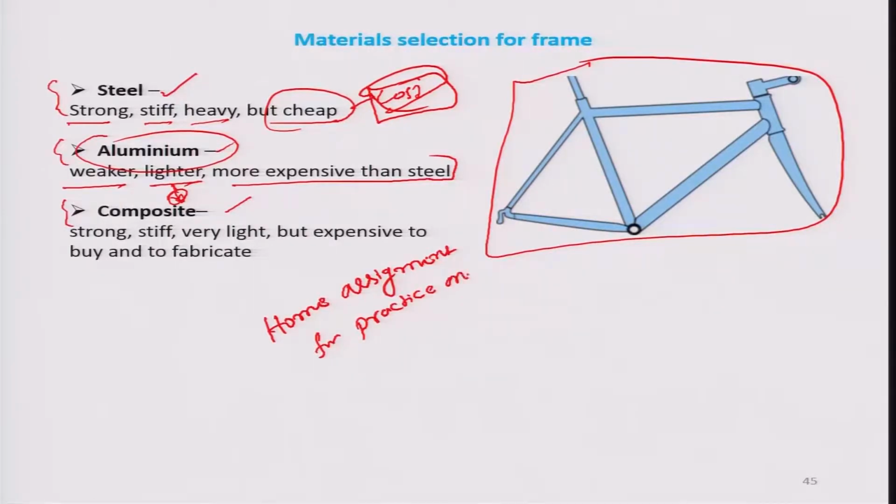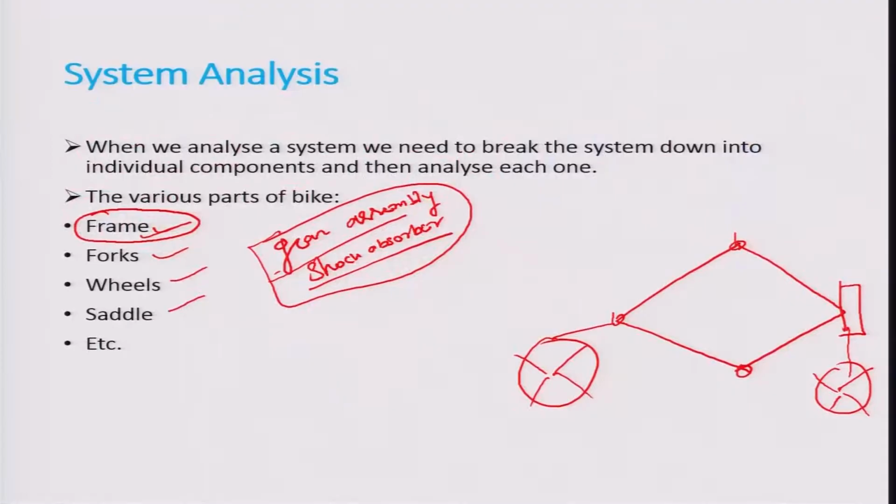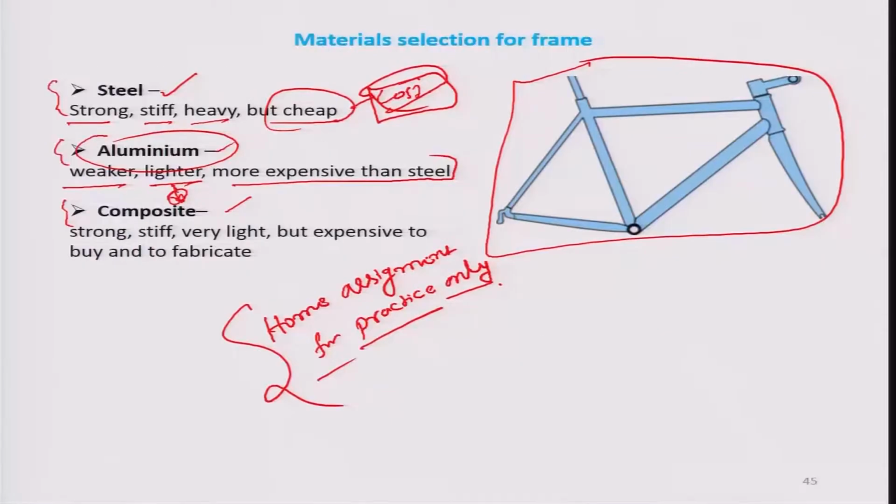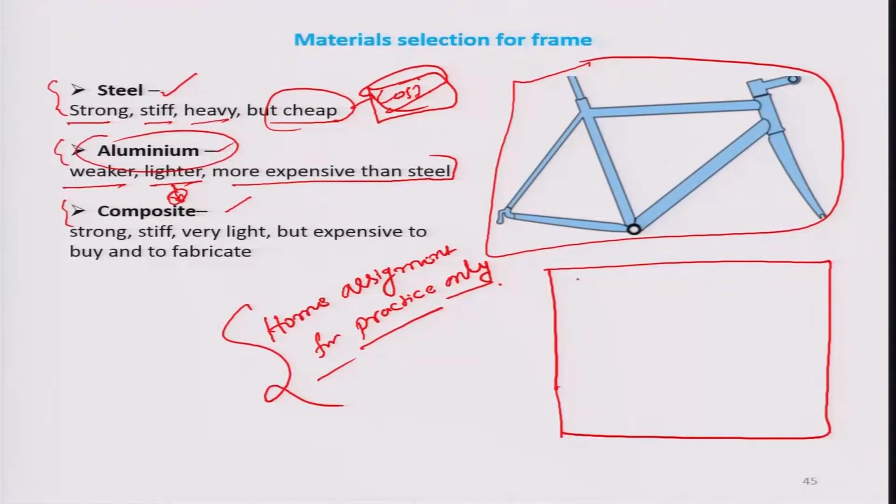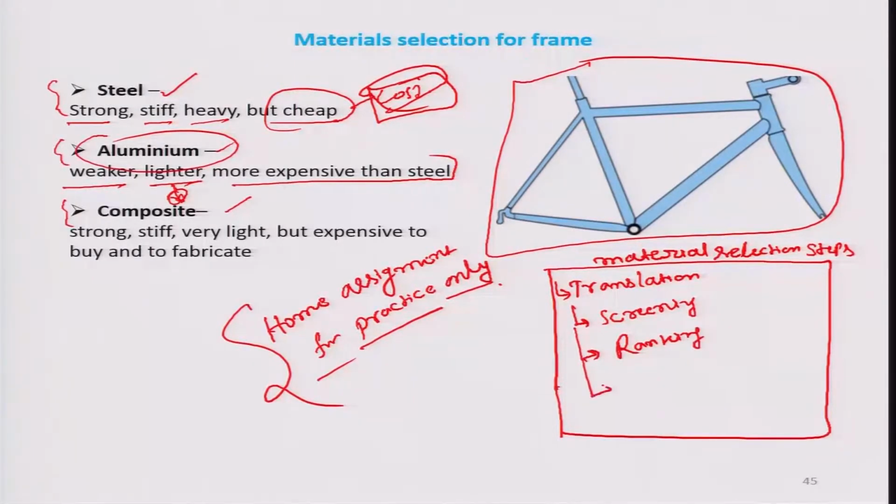For practice only, think about how you will make a mountain bike and which material will be appropriate for which component. Using what I discussed with you, there are 4 steps: translation, then you do screening, then you do ranking and compare.